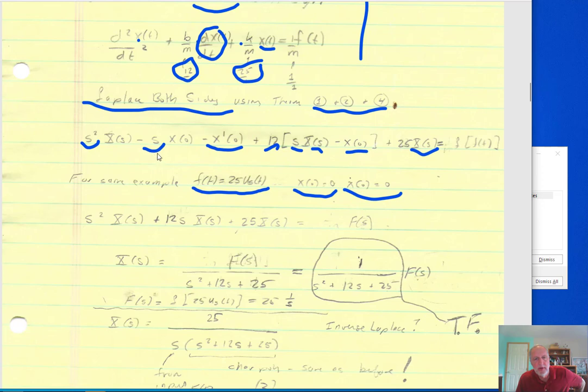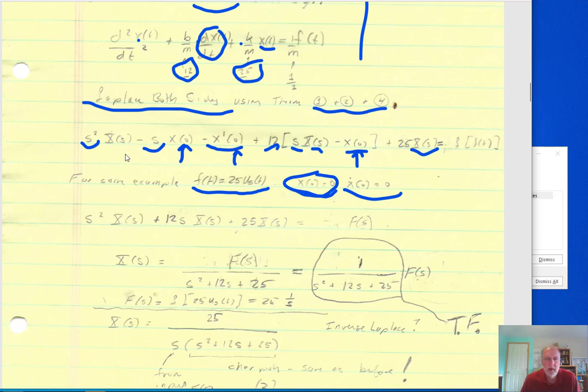So that means that these initial condition terms become 0 for this particular example. They are not always 0. If we decided to solve that problem we did earlier, where we pulled the mass over to 1 and then let go, we didn't have a force, but we would have a value here.